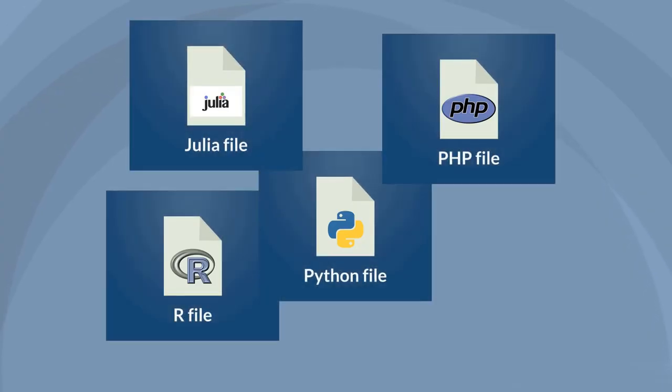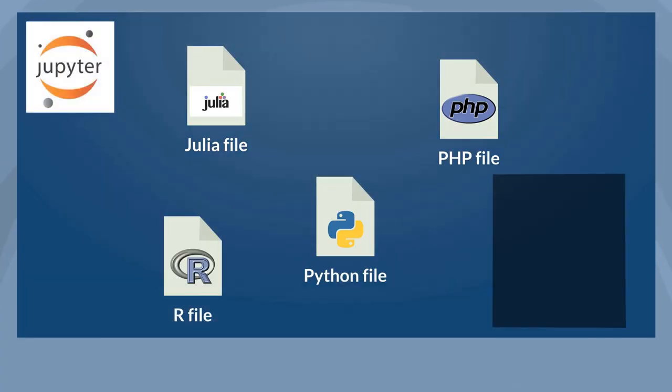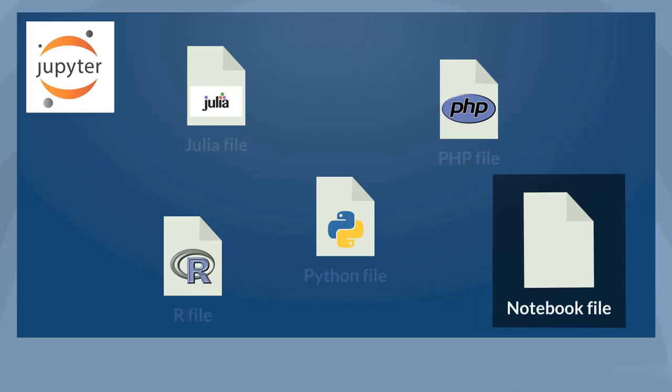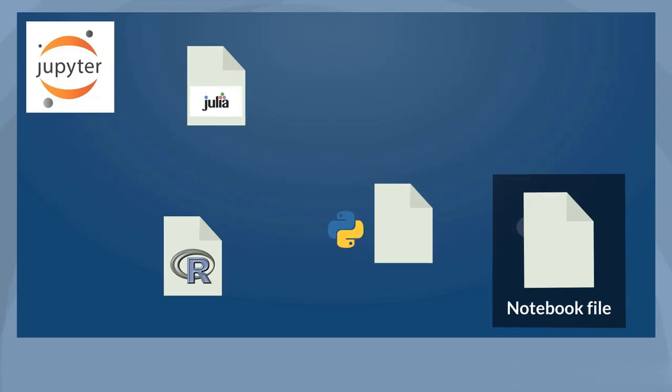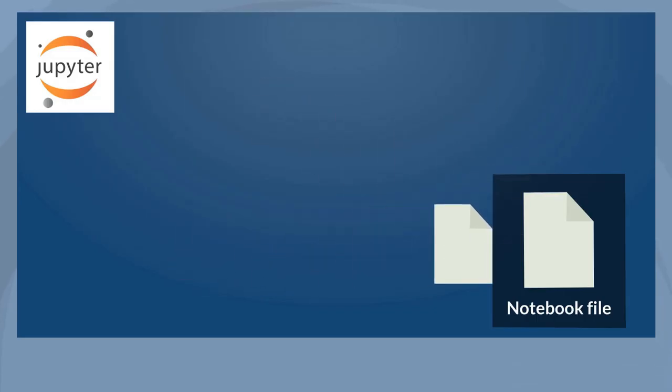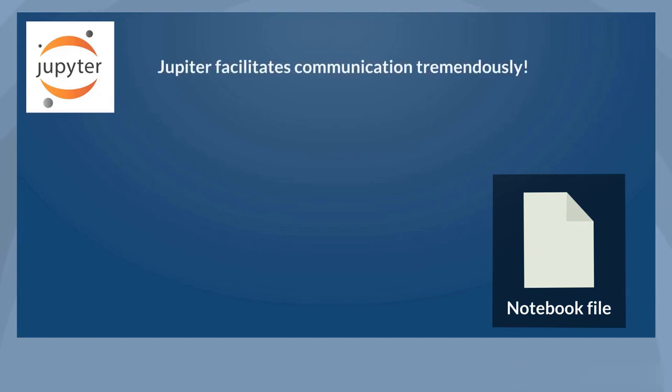Instead of installing different interfaces for each language kernel you need, Jupyter allows you to use the same structure of the notebook type of file. Simply, each notebook you create will connect to the language kernel you request. Consider also, this file can be easily stored locally or on a remote server. Therefore, Jupyter facilitates the communication between teams in a corporation tremendously.